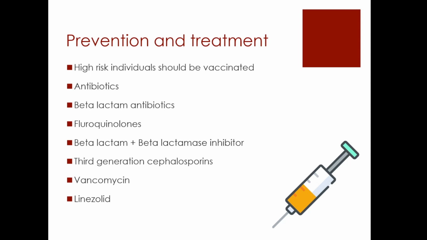And third-generation cephalosporins, the reason why we use them is they're very stable against beta-lactamases, and therefore they are not destroyed by these beta-lactamases. And in cases where you've got people with severely resistant strains of Streptococcus pneumoniae, you have the availability of vancomycin and linezolid.